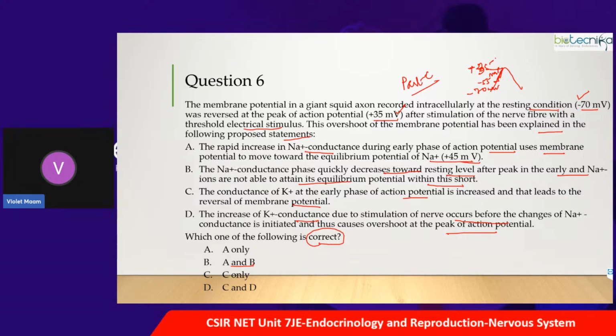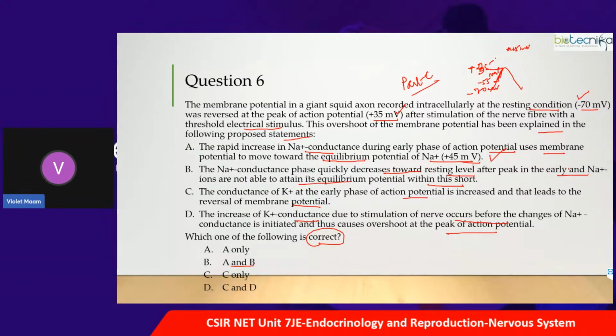It will try to reach the equilibrium potential of sodium, around plus 45, but it will not be able to do that. Before that, the sodium channels will close. So A is a correct statement. It does try to reach the equilibrium potential of sodium, but it will not happen fully. So A is correct.